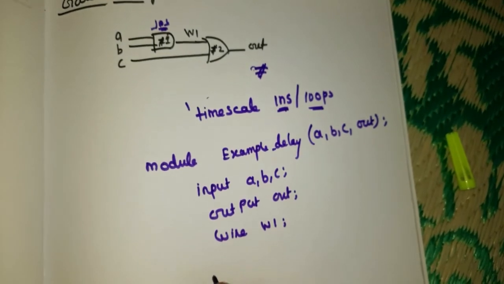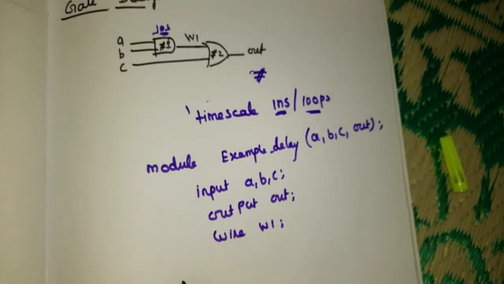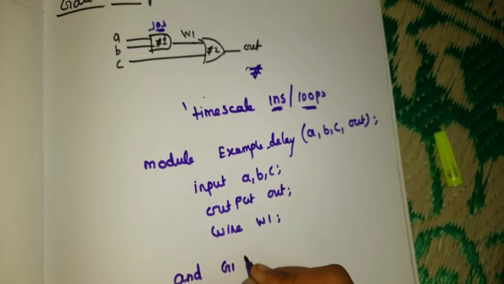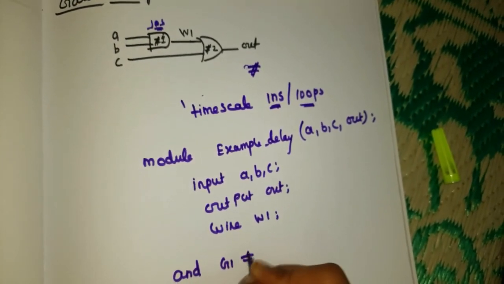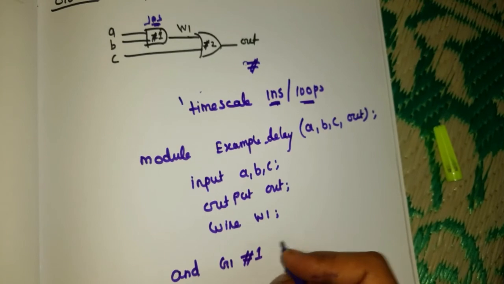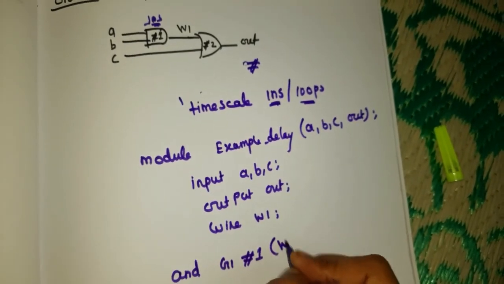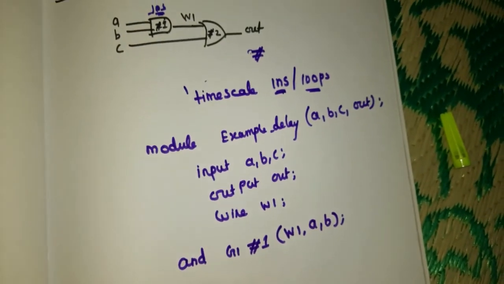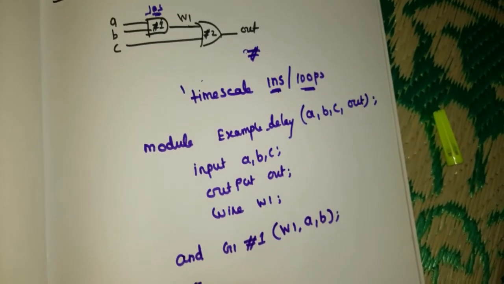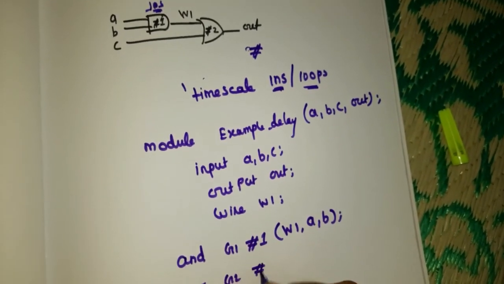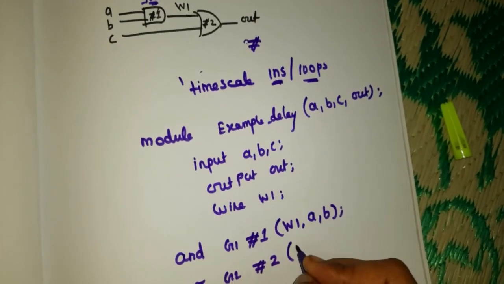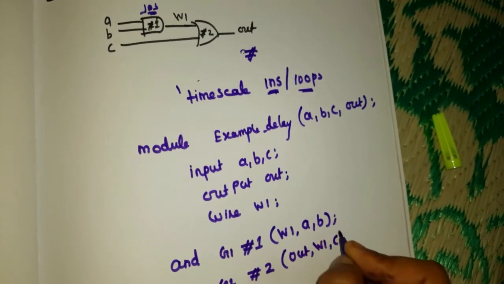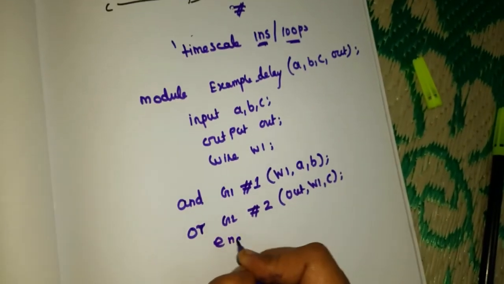So now we are going to declare the operation of the circuit. So first one is AND gate with the delay 1, and we will get W1 as output and inputs are A comma B. And the next one is OR gate with the delay 2, and we will get out here and inputs are W1 and C, and we just end the module.